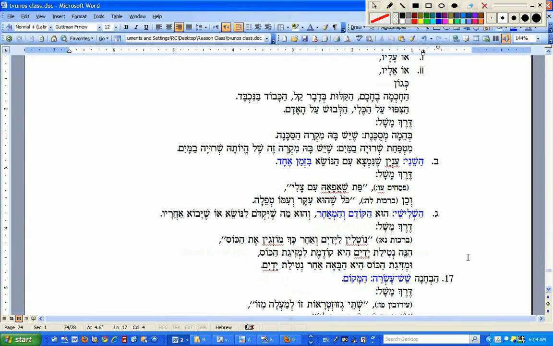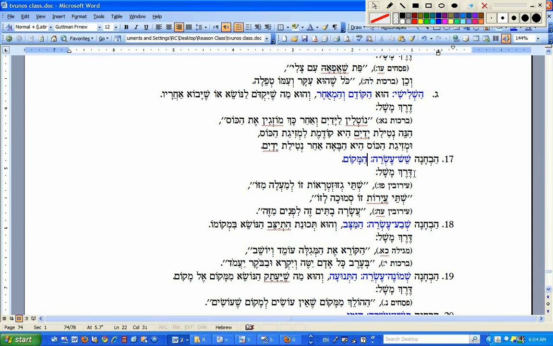The 16th Bechina is called Makom, the place that things are at. For example, in Eruvin, two patios, two porches, one on top of the other. So the place is very, very important.